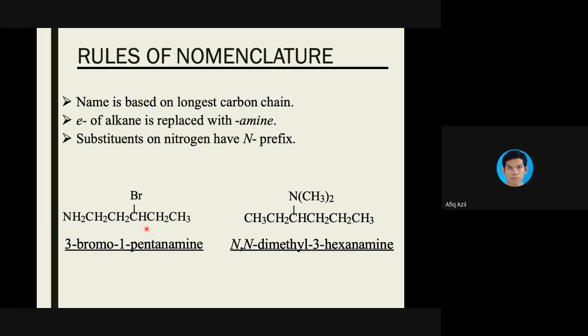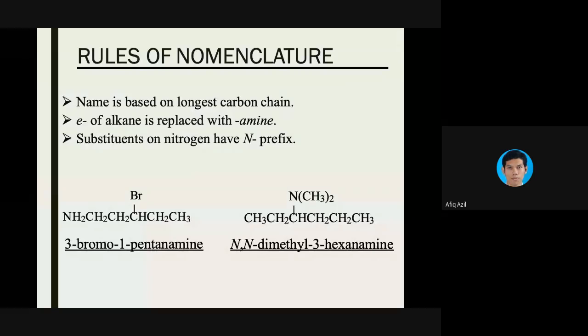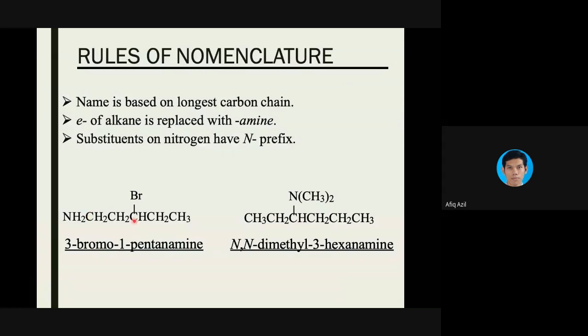The NH2 is bonded to this 5-carbon chain. So from pentane, you replace the E with amine: pentanamine. Then the substituents will follow according to which carbon they are situated on. So we have 1, 2, 3.